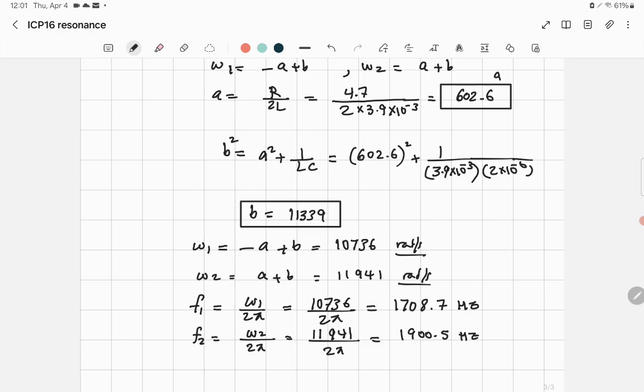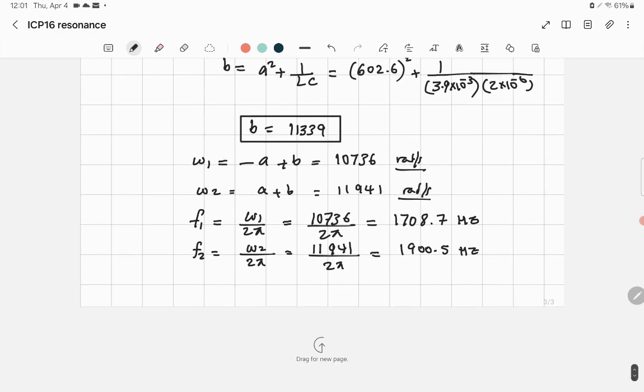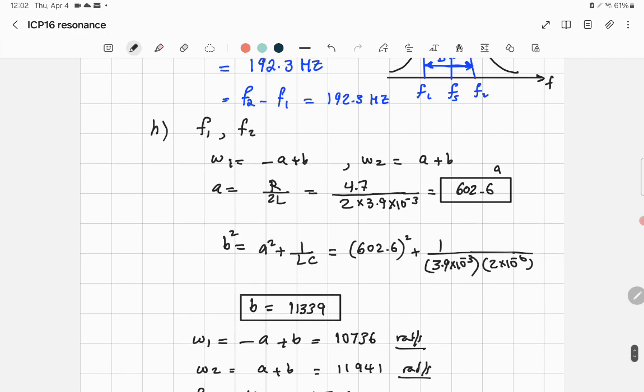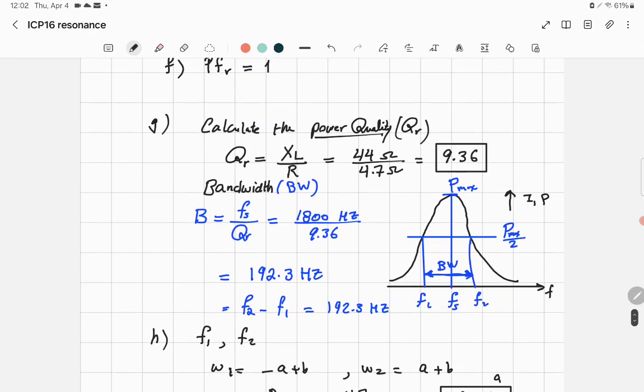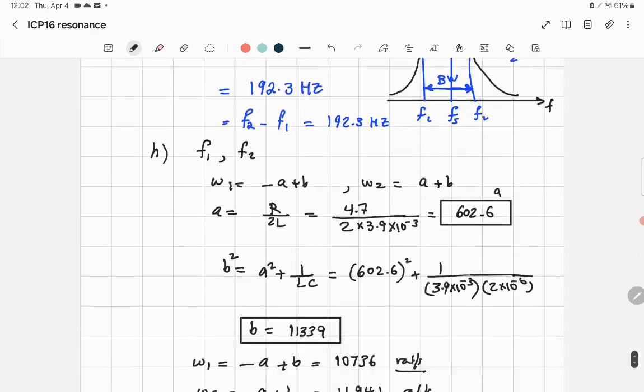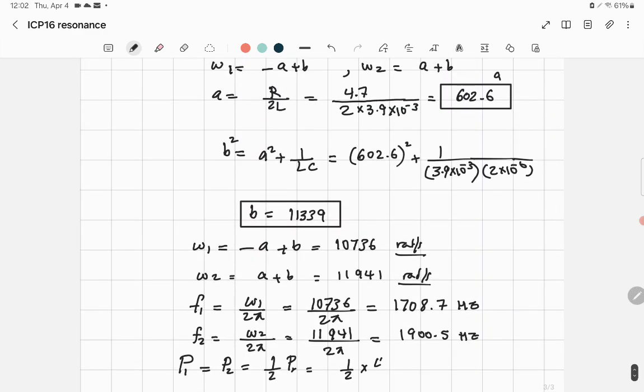That's the cutoff frequency. And of course, if you're asked to find the power at the cutoff frequency, you say the power at F1 and the power at F2 are equal to half the maximum power at resonance. What is the value for the maximum power? We calculated 42.3 times 10 negative 6.